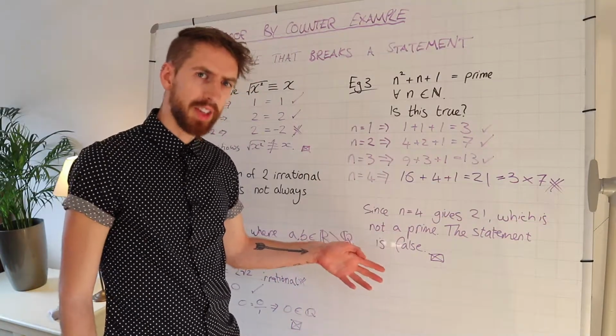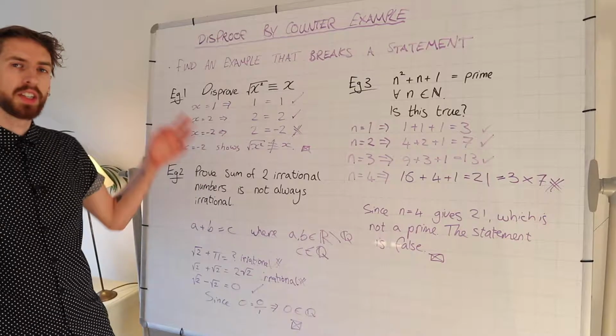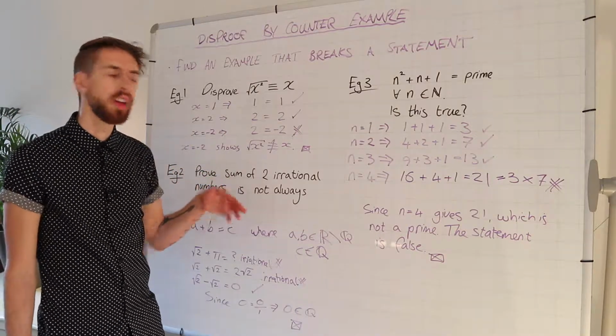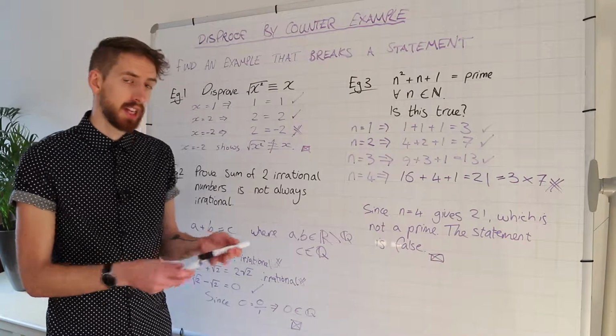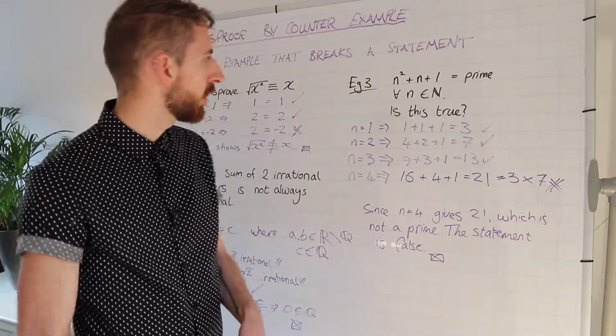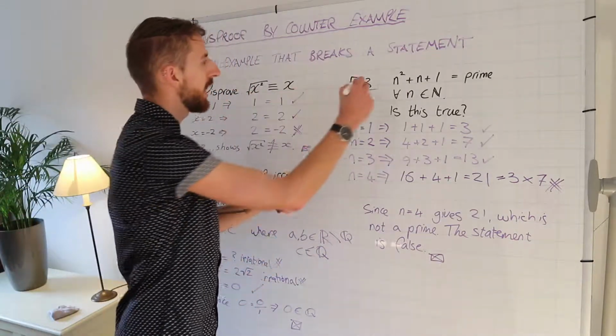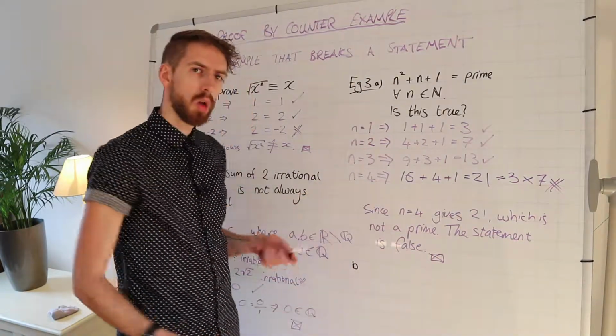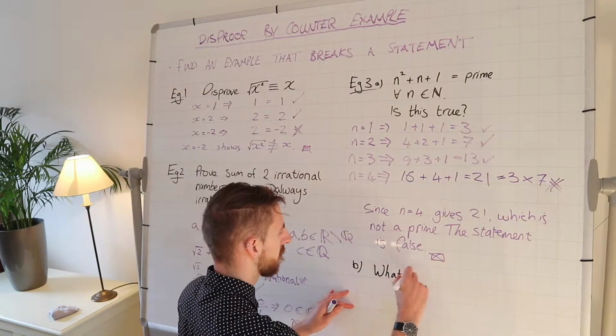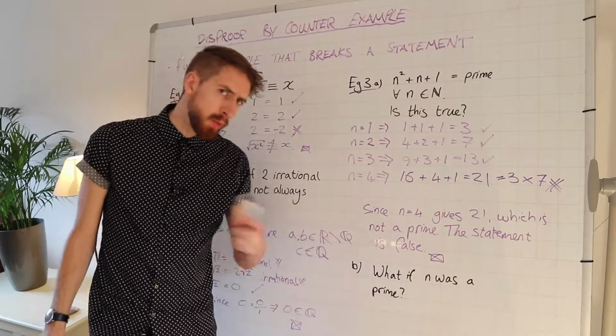So these are all the kind of examples that you get for disproof by counterexample. But this question could be extended a little bit. And these are usually the part B questions. I'm going to leave this for you. If this was part A and this was part B, what if n was a prime?